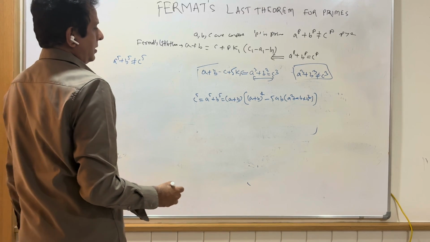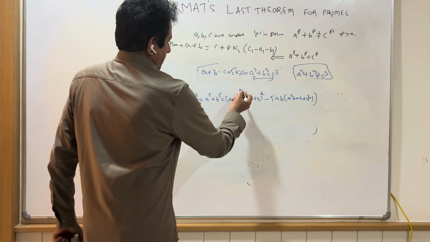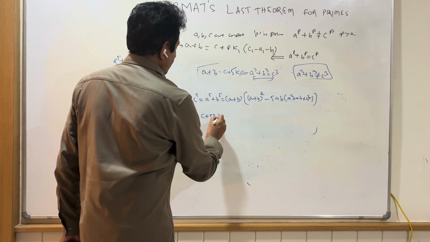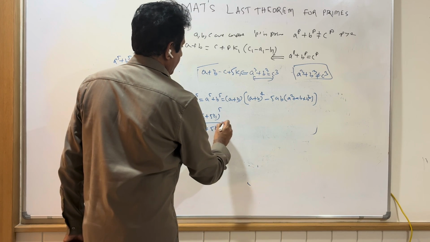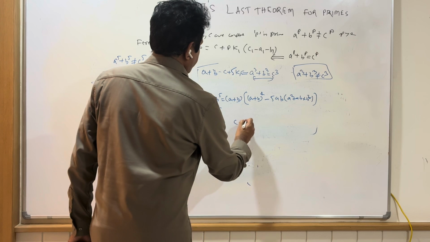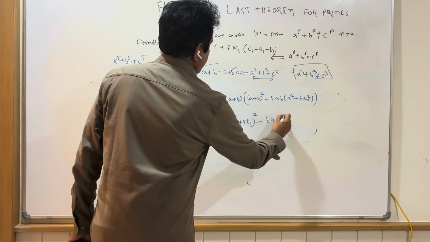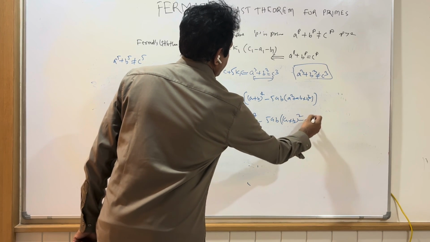So a plus b is equal to 5c plus 5k1. So c plus 5k1 power 5 by c plus 5k1 equals c plus 5k1 whole power 4 minus 5ab.